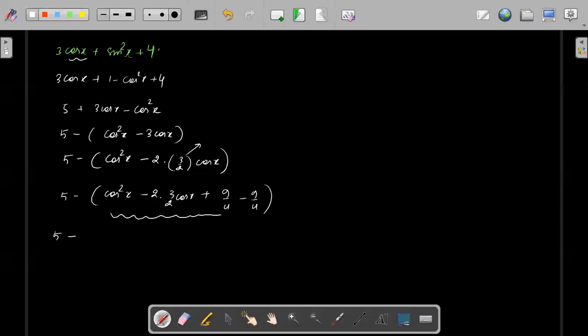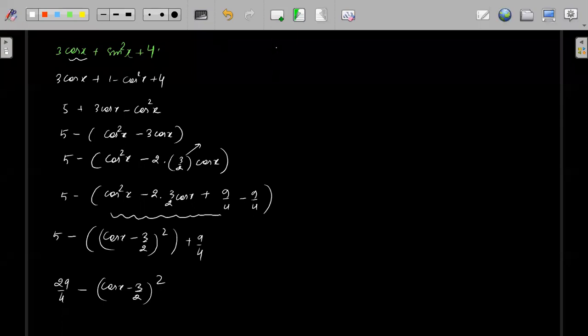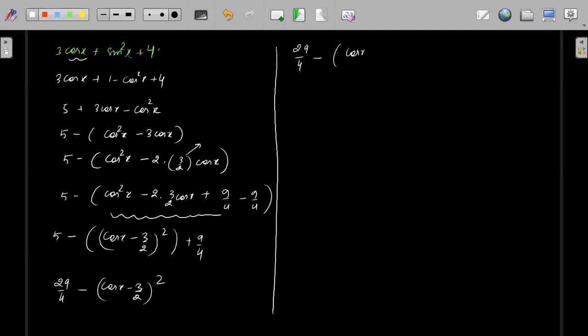So this is 5 minus cos x minus 3 by 2 whole square, and this is minus 9 by 4 multiplied with minus sign, so this will become plus 9 by 4. So now 4 5s are 20, 29 by 4 minus cos x minus 3 by 2 whole square. So we have got 29 by 4 minus cos x minus 3 by 2 whole square, right?